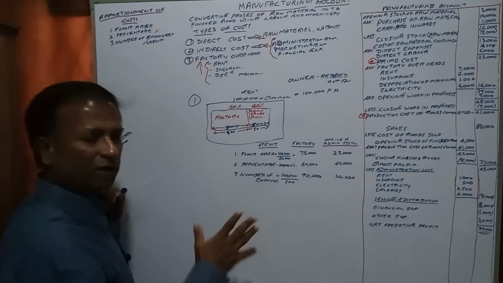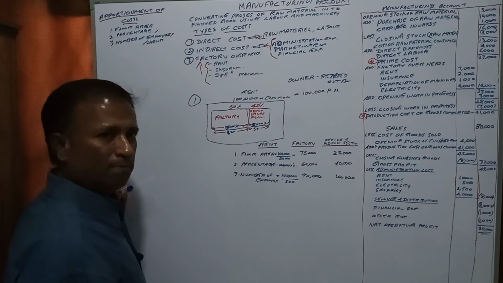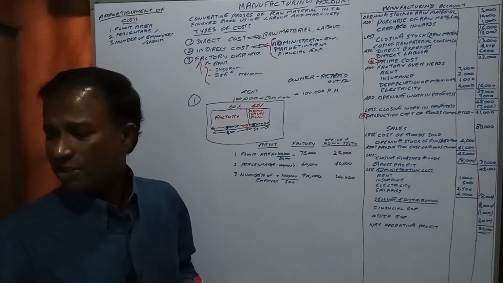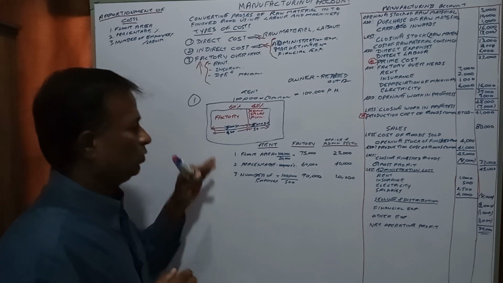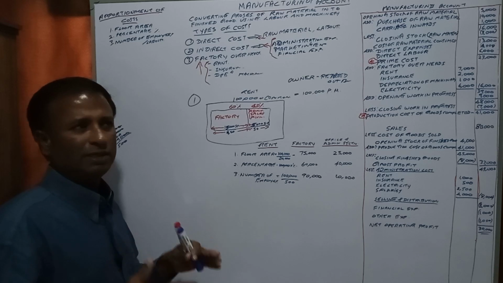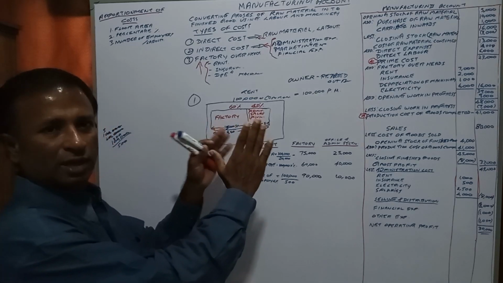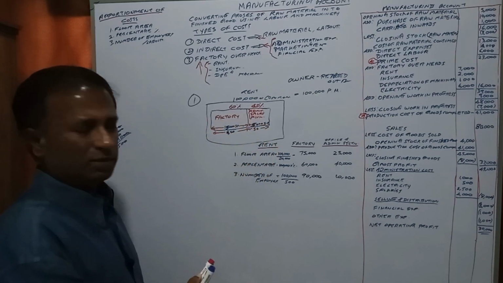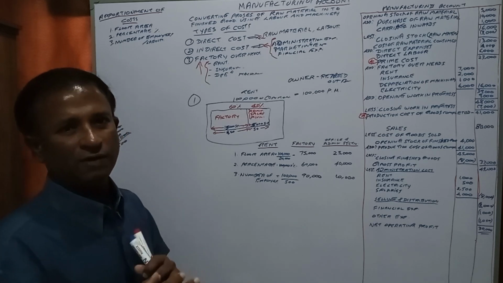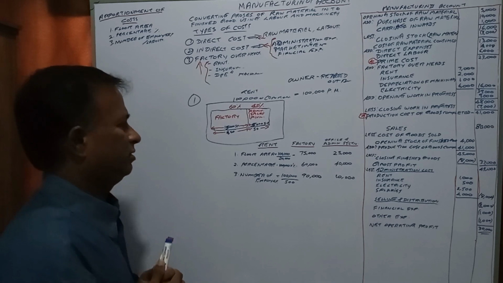It will give different amounts, right? But it depends on the management of the company to decide which basis is suitable for their business. Based on that, they will arrive at the decision, right?